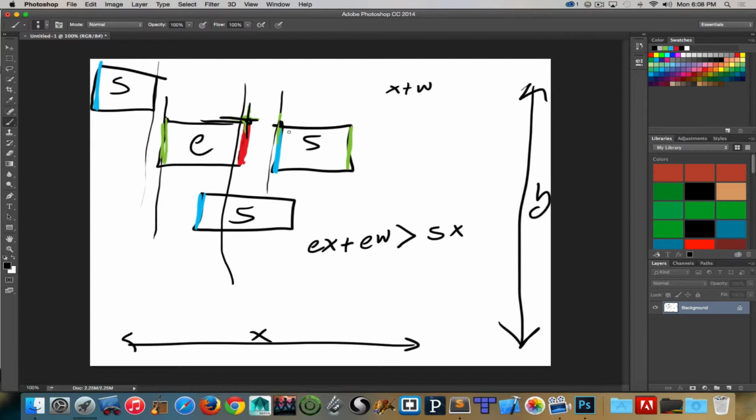Because if this point is greater, that means it's now past that point, so we know that's happened. So we now know that the box is not floating somewhere in space over here. So we first check for that.